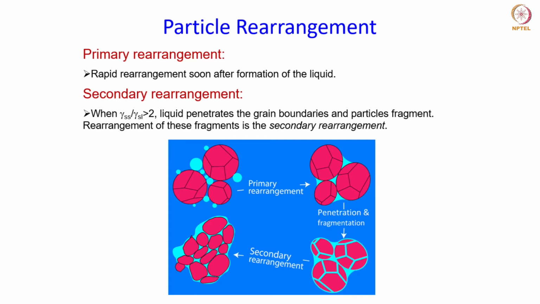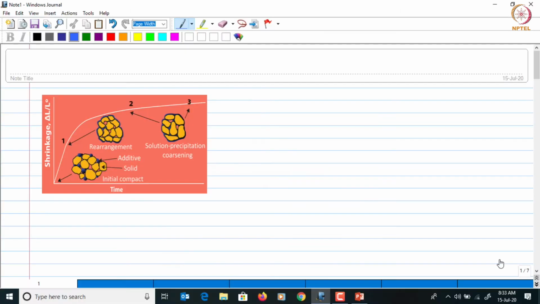So today we are going to continue on this and see the next stage of the liquid phase sintering process. The next stage of the densification process is solution precipitation, as you can see from this figure once again.